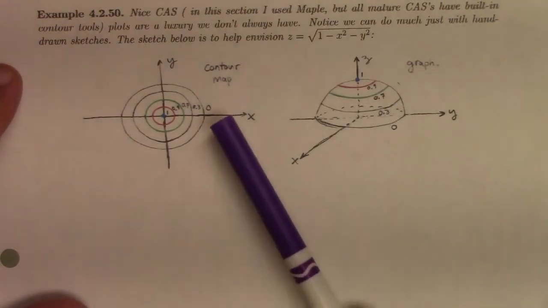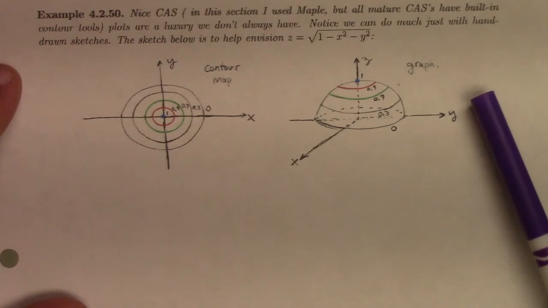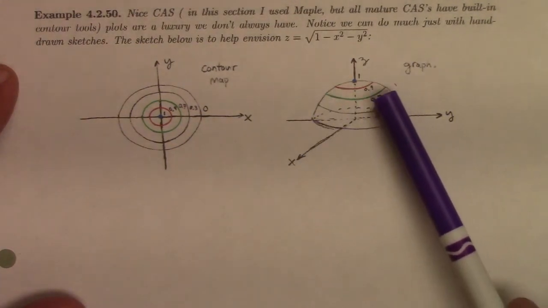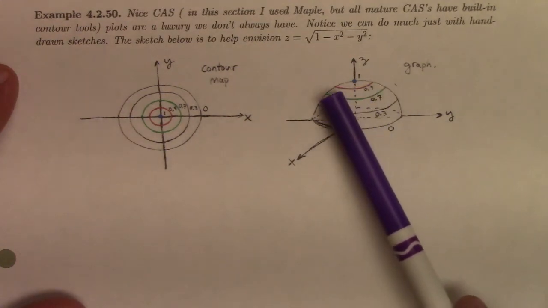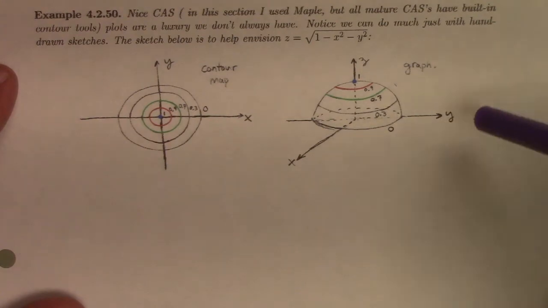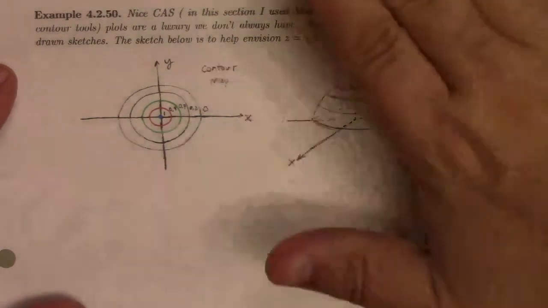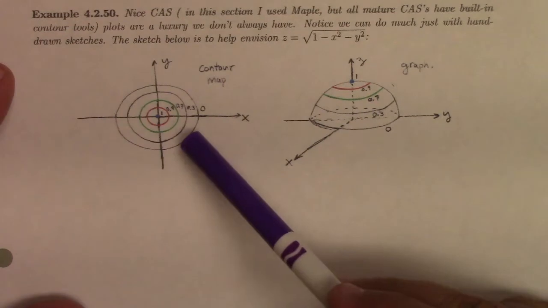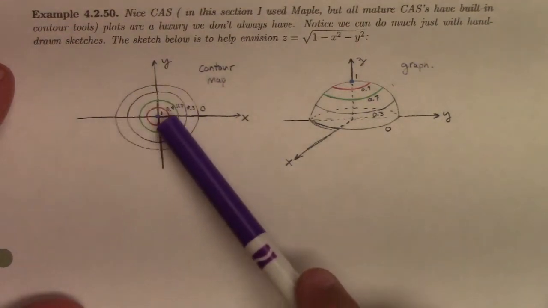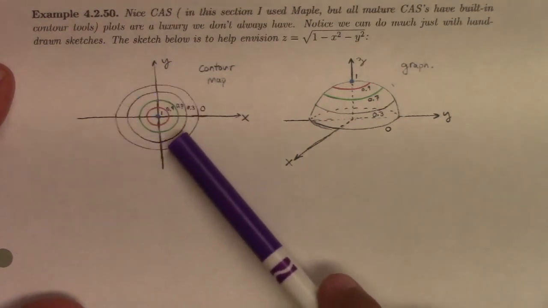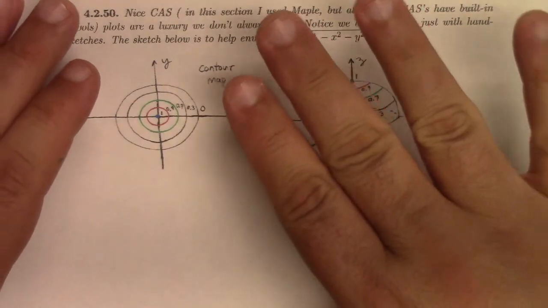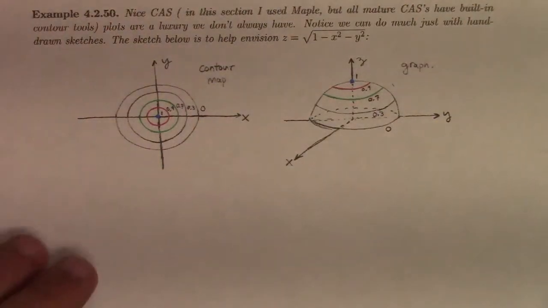Getting back to my original comment, you can construct the contour map by taking the graph of the function and putting some traces on it, curves of intersection at particular horizontal values, and then you just imagine pancaking them down into the plane, and that gives you the contour map. Or you could think about these as rings of an onion that you could imagine popping up out of the page to build the graph again.